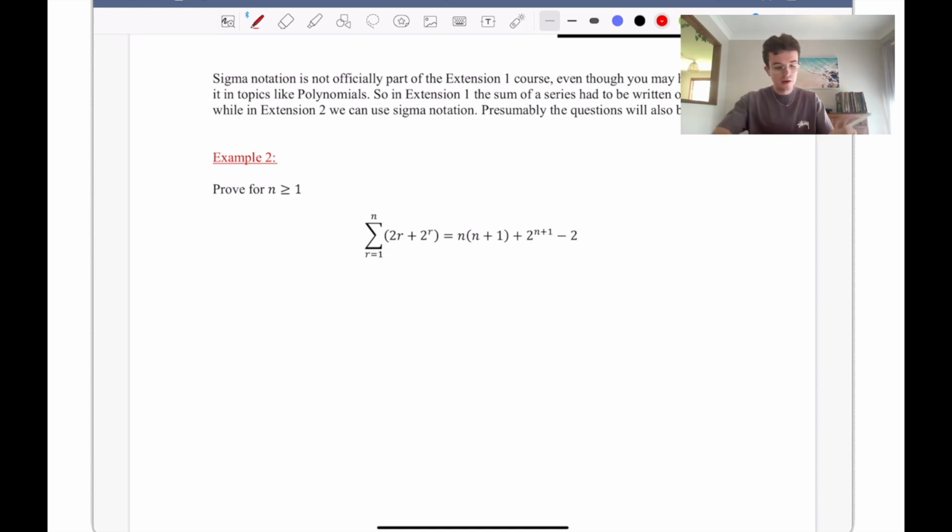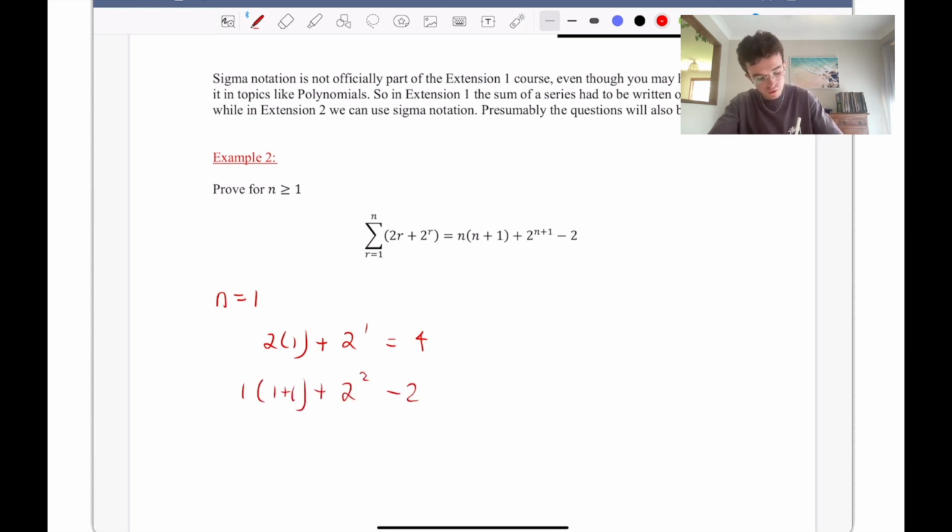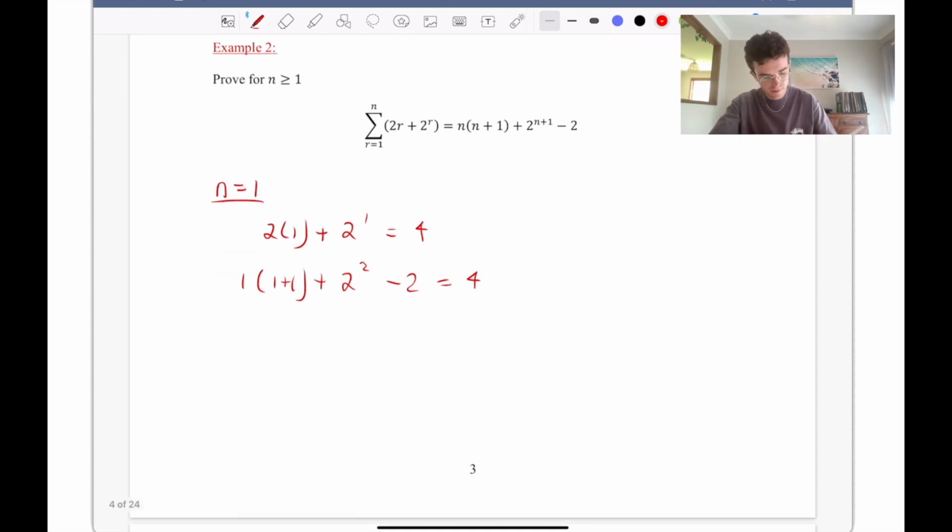Okay, so the first step would be to prove true for n is 1. So 2 times 1 plus 2 to the power of 1 is equal to 4, and 1 times 1 plus 1, plus 2 squared minus 2, of course, is also 4. So therefore true for n is 1.